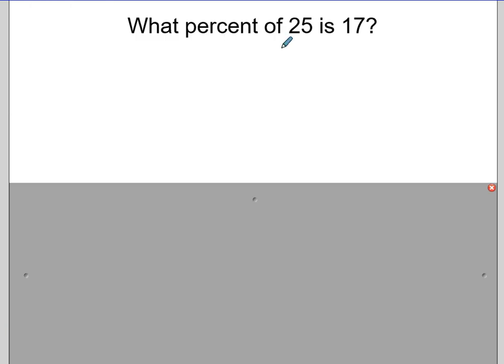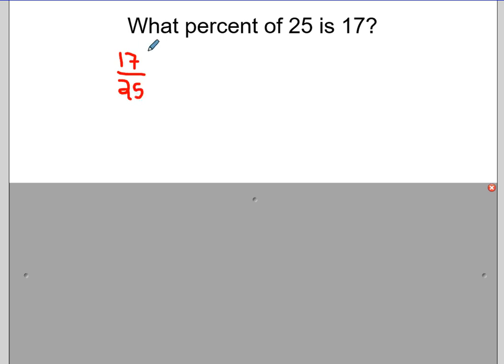We are given the problem, what percent of 25 is 17? So I am going to set up my proportion. I'm going to say that my part is 17. So I'm going to go 17 over my whole, which is 25.